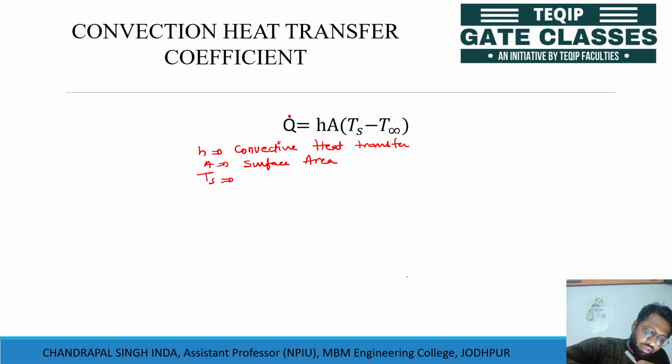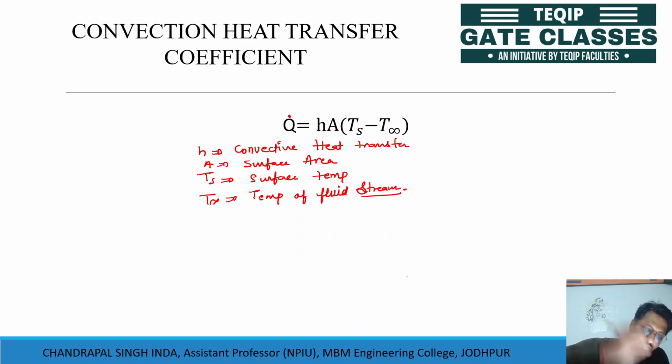Ts represents the surface temperature and T infinity is the temperature of the fluid stream.